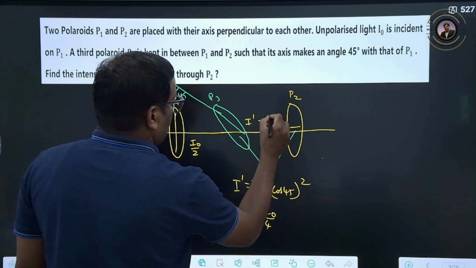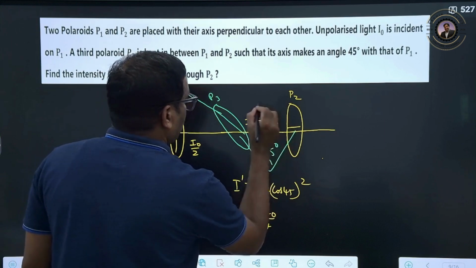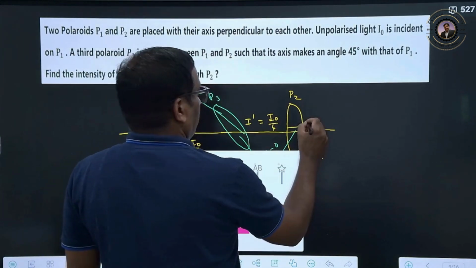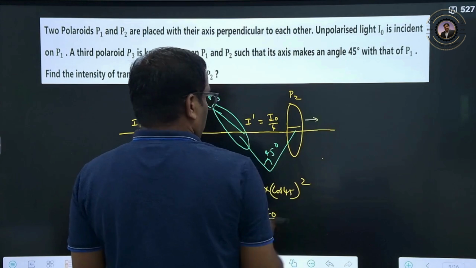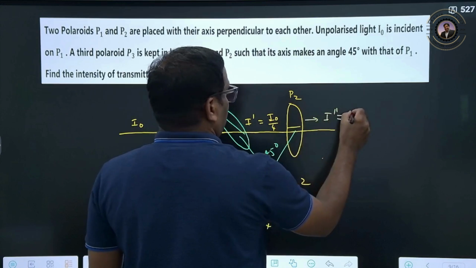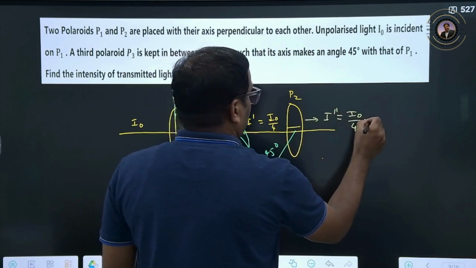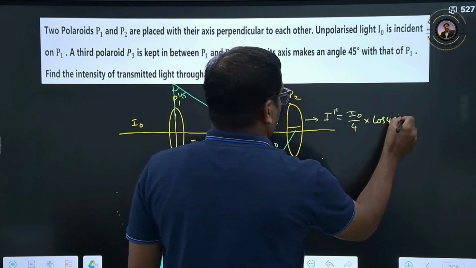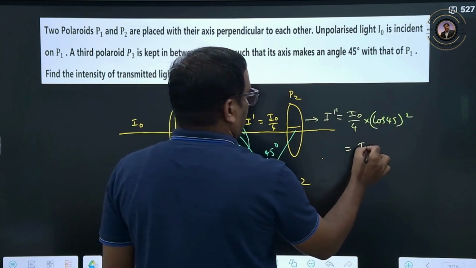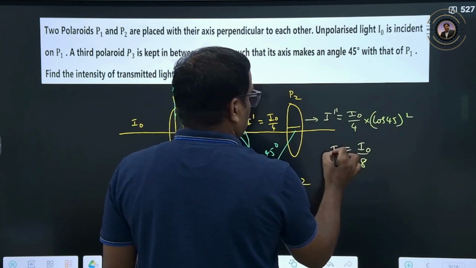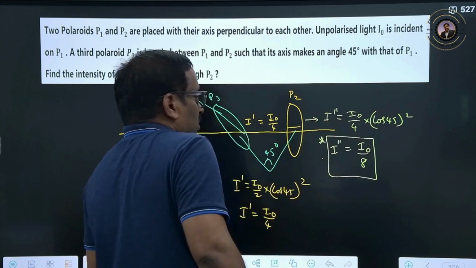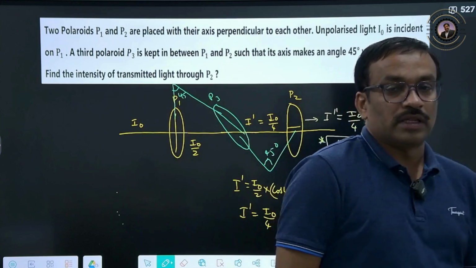Again you have to apply the Malus law at this point. I double dash is I naught by 4 into again cos 45 whole square, which is I naught by 8. So this is your I double dash, the intensity coming out from the second polaroid.